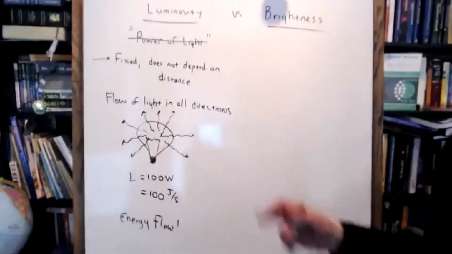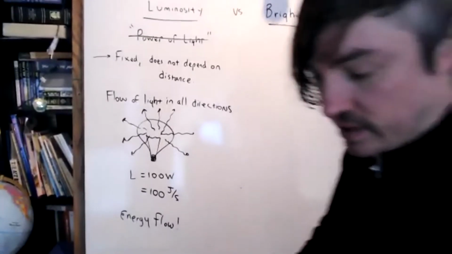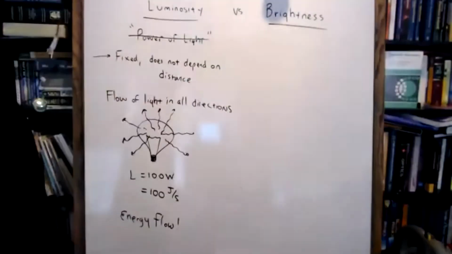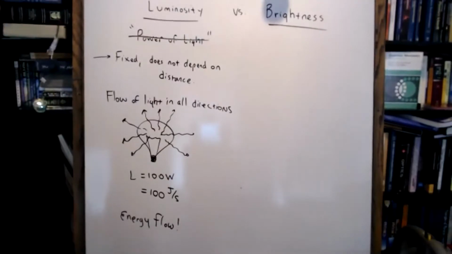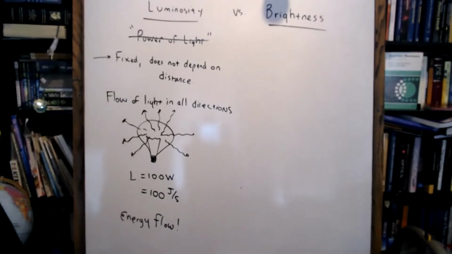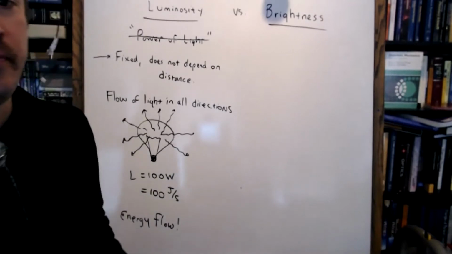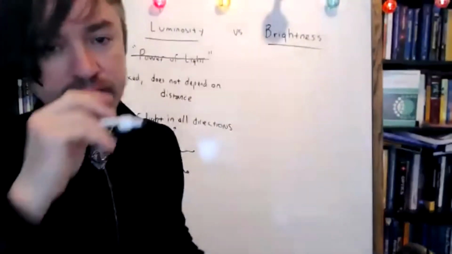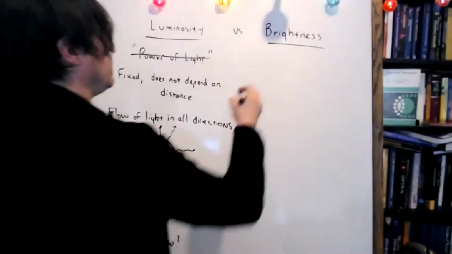Okay, so tell me something about brightness then. Let's have some more regurgitation. Come on. I have luminosity over area. Okay.